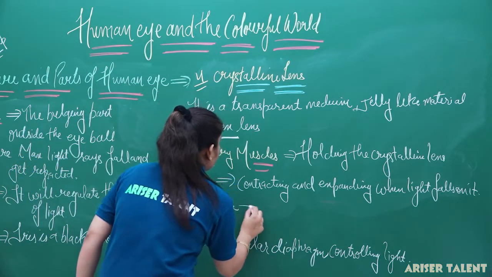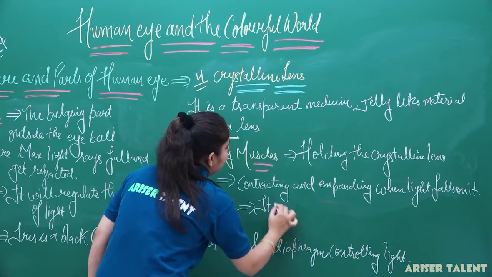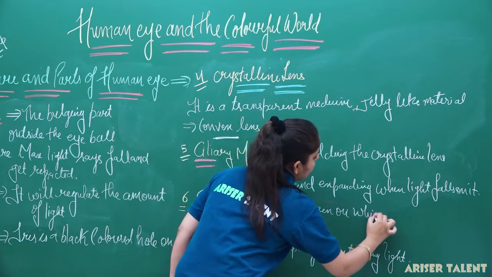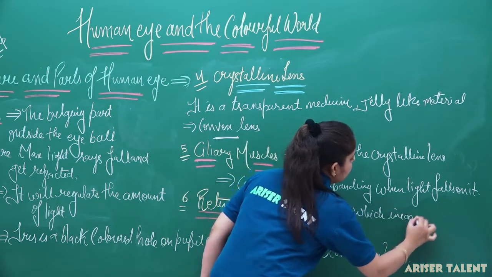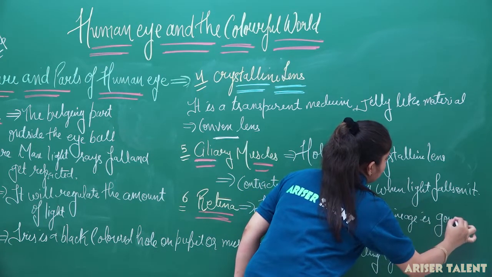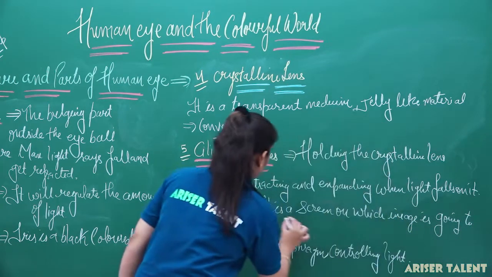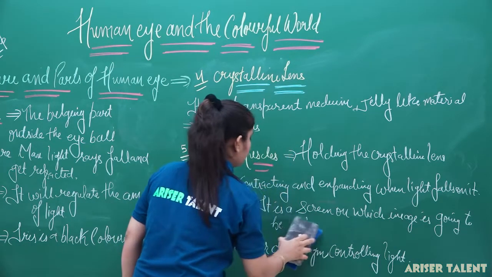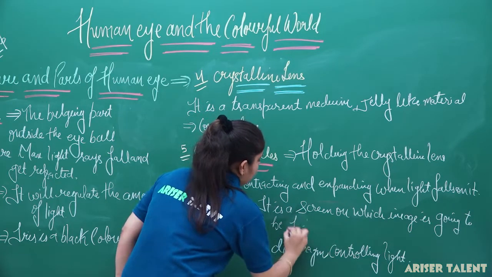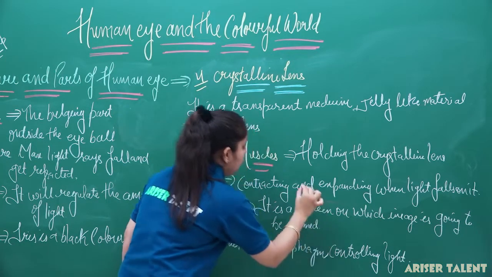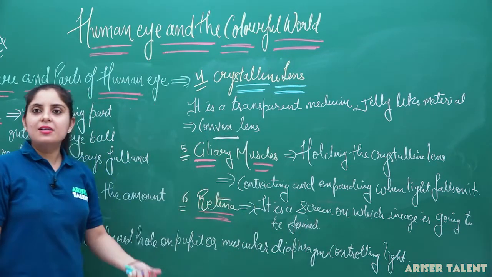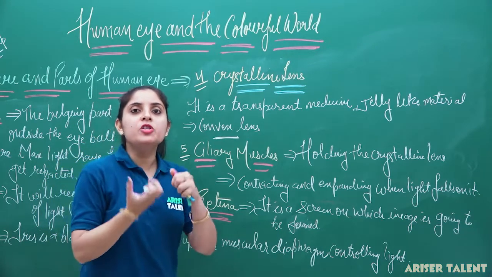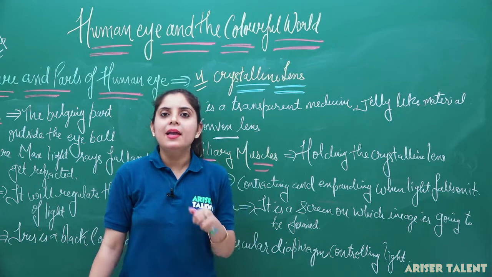So, the image is going to be formed on a screen that is known as the retina, and it consists of light sensitive cells which on illumination produce electric signals.